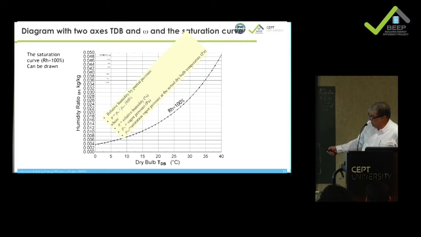The humidity ratio in absolute terms is proportional to the partial pressure. Each of these points corresponds to a mass of water, but also to a partial pressure. If you say I want only 75% of the 100%, then I just multiply all these points by 0.75.